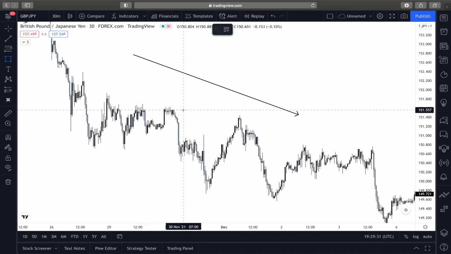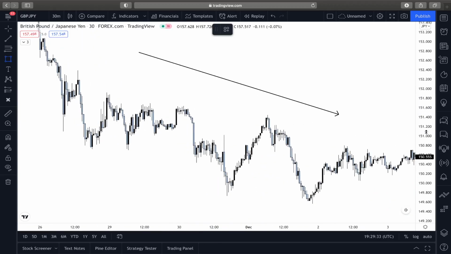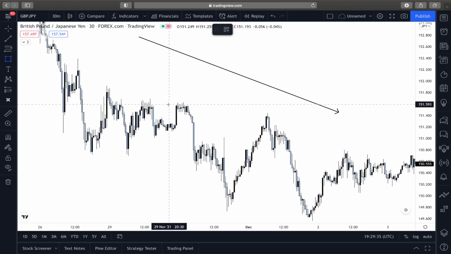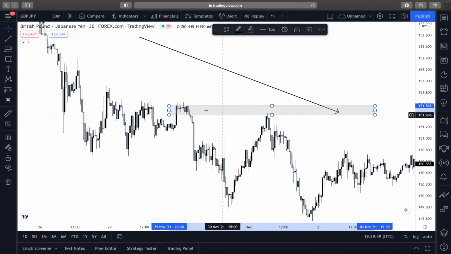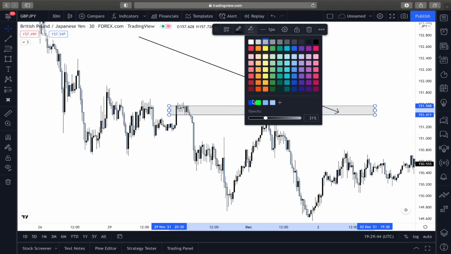So as we can see, let me zoom in a little bit. Right here, this black candle is my bullish candle. You draw the whole body, including the wick. Let me make this red.